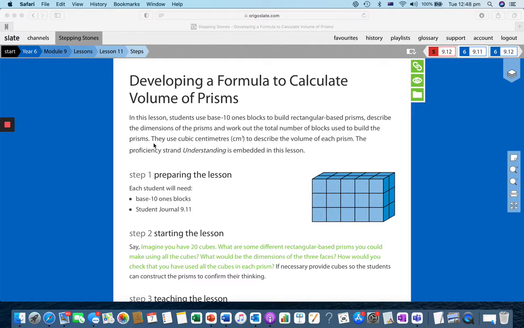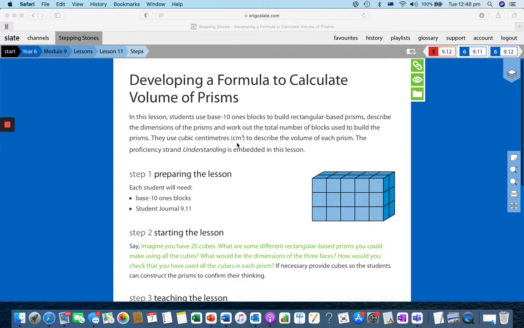And we're going to be introduced to cubic centimeters, and you will know why it's called cubic and why it's got a little 3 at the top. We will be focusing on that, and I will also be insisting that whenever you describe a volume of a prism, you finish with the number and centimeter and little 3 at the top.